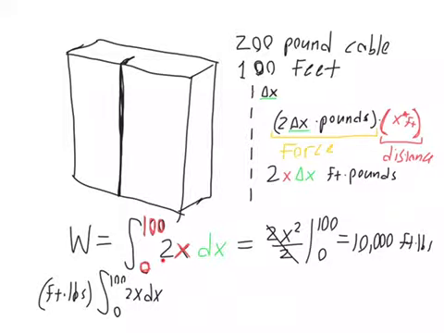And this 2 refers to the density, pounds per foot, and x refers to how far we move a small segment if we were to move a finite size segment. So if that's all you need for explanation, then stop there and do the integration, and there's your answer.